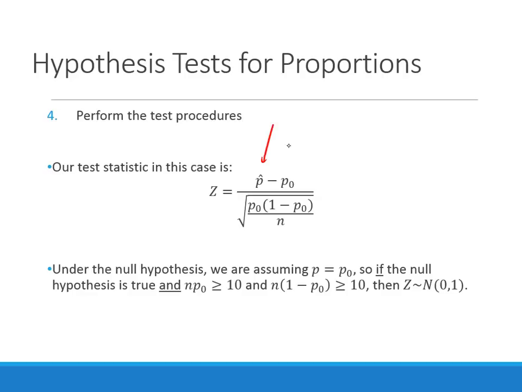So here's my estimate, and I'm subtracting off the hypothesized value. But now I'm dividing by the square root of p0 times 1 minus p0 over n. So why am I dividing by something involving p0 there?